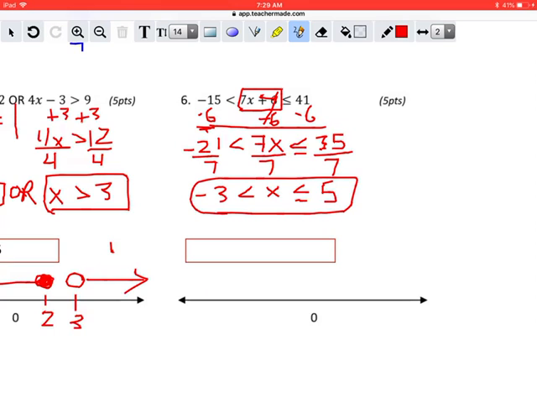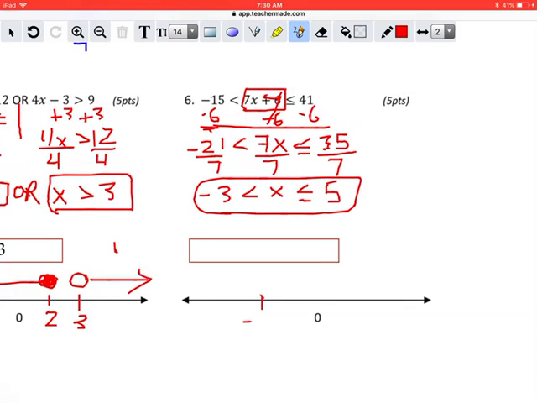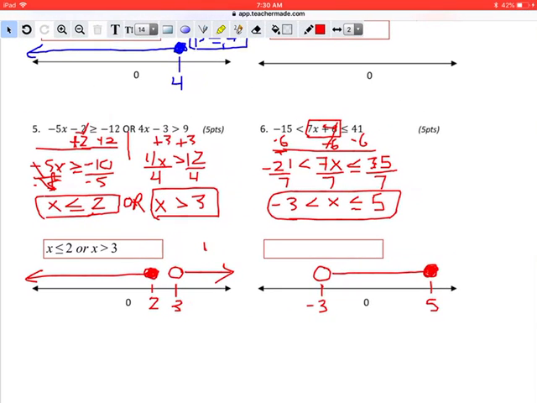So when I graph that, I've got negative 3 about right here, and 5 about right here. And so there's a circle here that's open because there's no underline with the 3, and then a closed circle with the 5. And then the graph goes between them. All right? So that's the first 6 there.